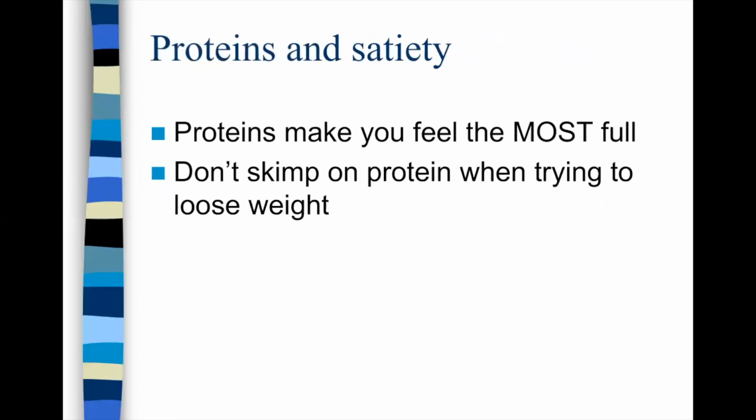Proteins and satiety. Proteins make you feel very full compared to carbs and fats. Proteins will keep you more full after a meal, and this can help control overall food intake. So for people who are trying to lose weight, most experts recommend that they eat protein at every meal to help keep them more satiated or satisfied.